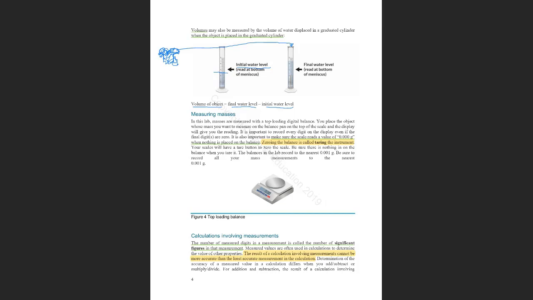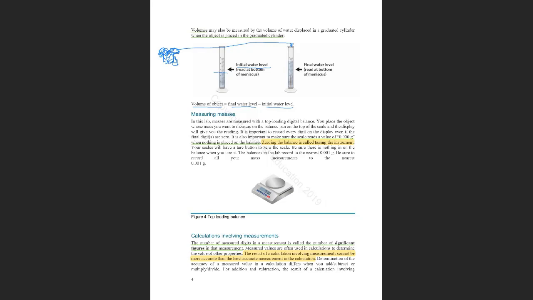Awesome. So now we saw measuring volumes, and now we want to know how to measure masses. Well, there is a video that you are going to look in Lab Flow that talks a little bit about balances. Because it's a digital instrument, you don't have to guess.